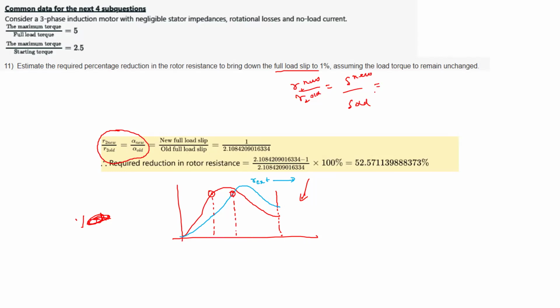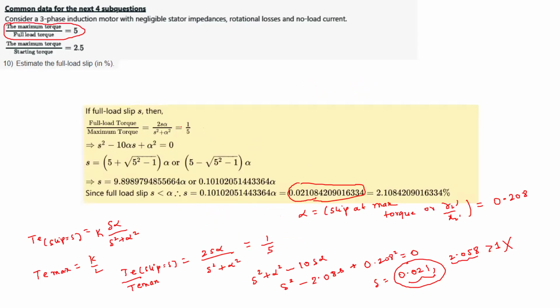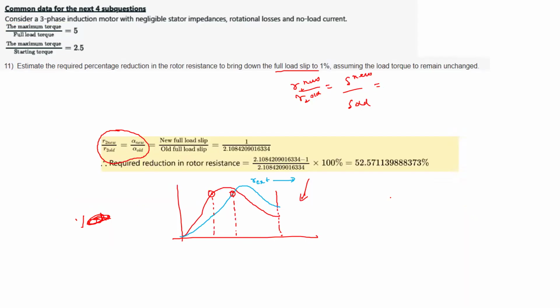Now, our old full load slip was what? 2.108%. Now they are saying you have to bring down the full load slip to 1%. So the new slip should be reduced. You have to reduce the rotor resistance so that your curve shifts like this.